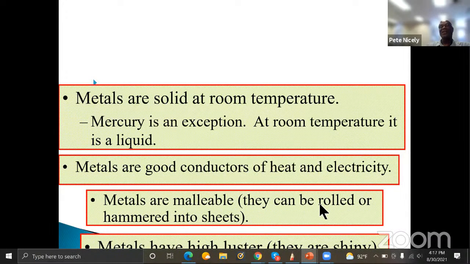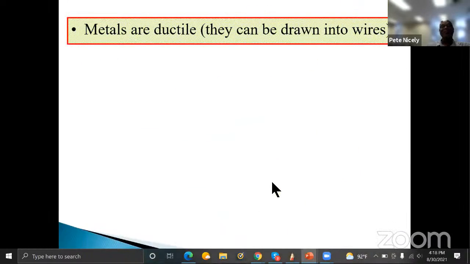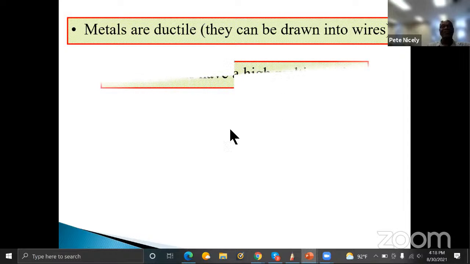In other words, they can be rolled or hammered into sheets, and therefore that's a reason why metals can be used to make things like engineering parts, pots and pans, and kitchen utensils and so on, all right? So these are just some properties of metals. Also, another important one here, metals are ductile, which means that they can be drawn into wires.